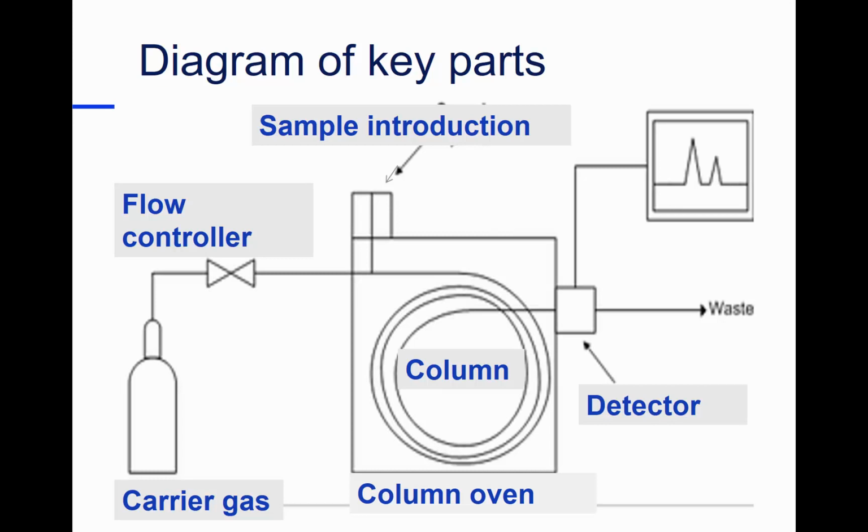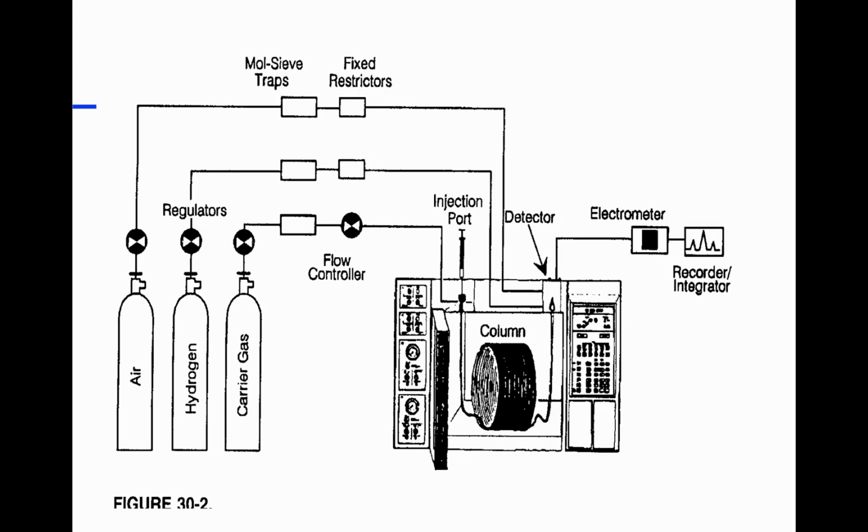Then goes through our column, eventually comes out, and we have to have some kind of a detector over here. And then, of course, we draw things on our screens, we do data collection, and so on. So that's kind of a simplified version of the parts and what they do. The next one shows a little more detail, so it'll be a little more realistic in terms of what we need. So here's our mobile phase.